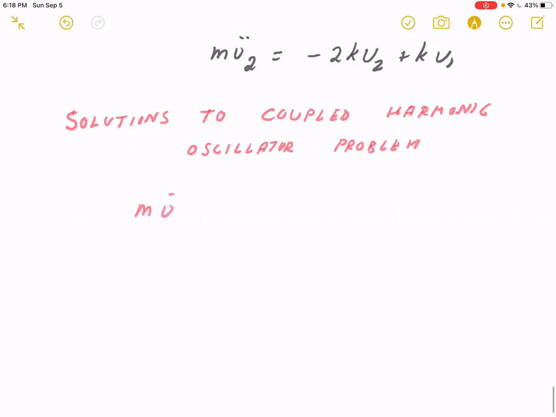The first mass has an equation of motion that looks like that. And the second mass has an equation of motion that looks like that. Similar, there's some symmetry, but they're not identical.